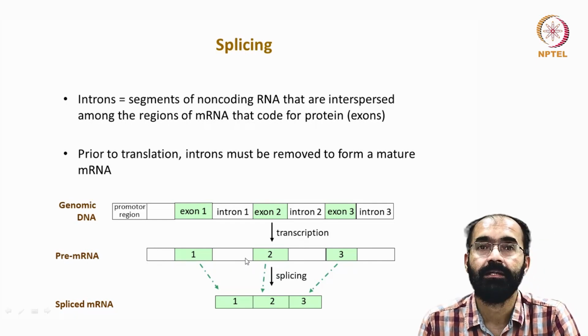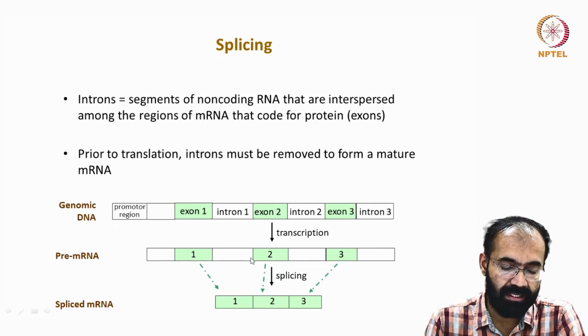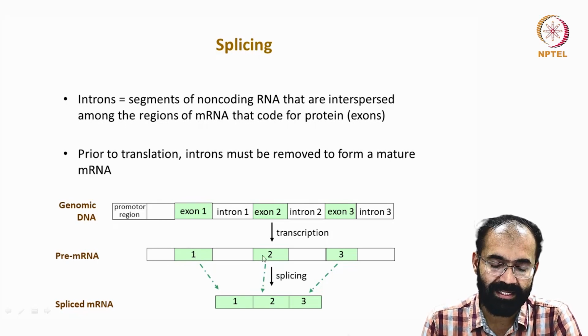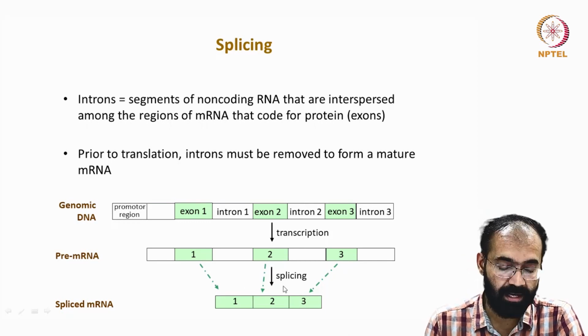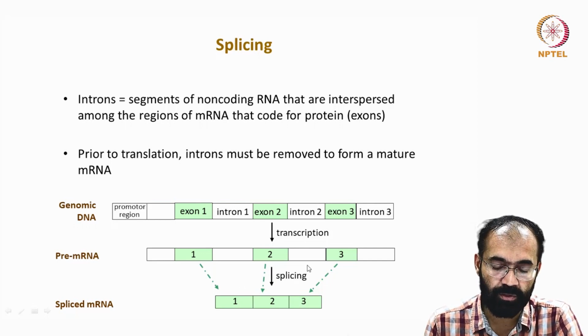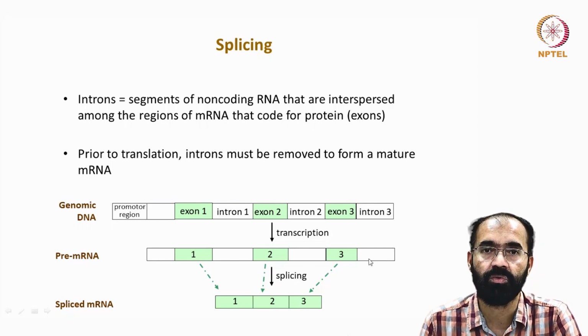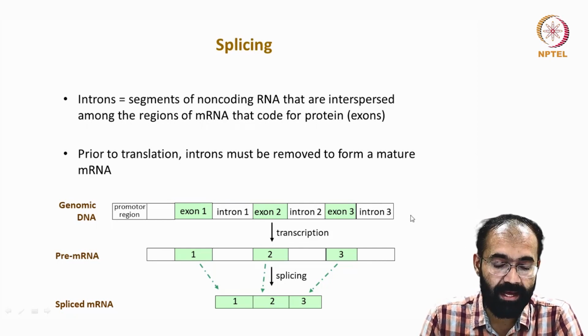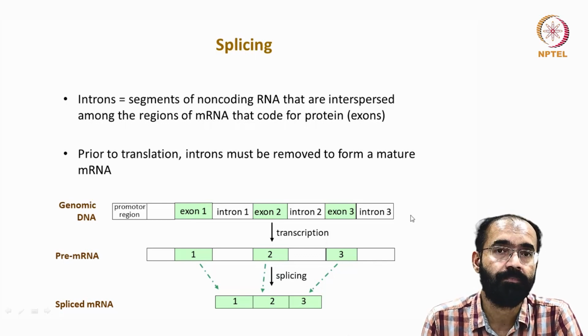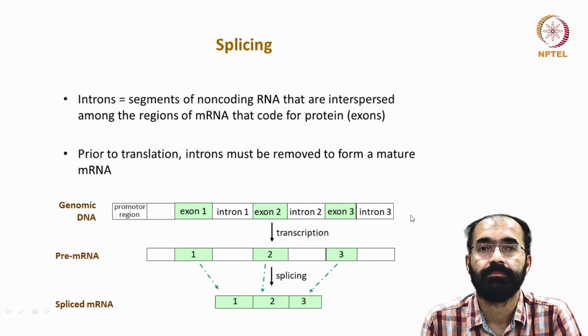That is, it is premature, and then it undergoes so-called splicing, where exon 1, exon 2, exon 3 are spliced together to form a mature mRNA, as you can see here at the bottom, whereas intron 1, intron 2 and intron 3 are removed. They are no more part of the mature mRNA. So this is the basic principle of splicing, and now we were talking about the self-splicing introns.